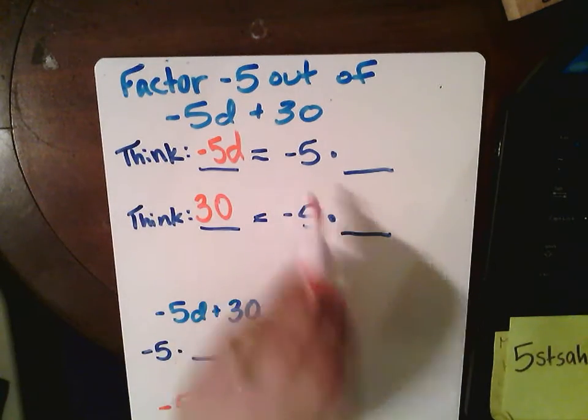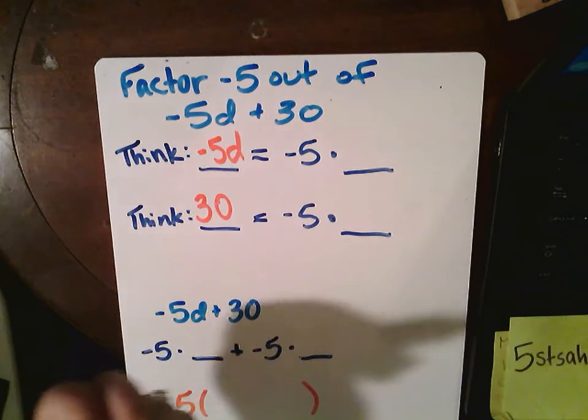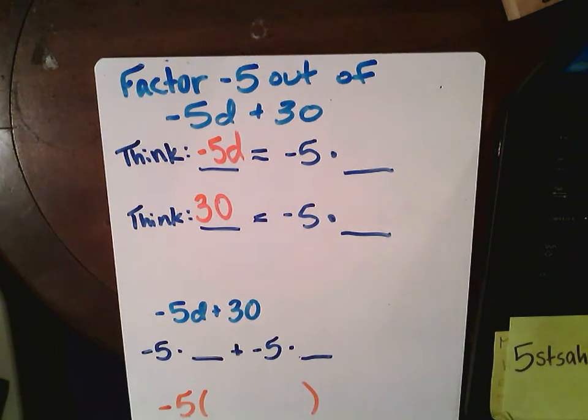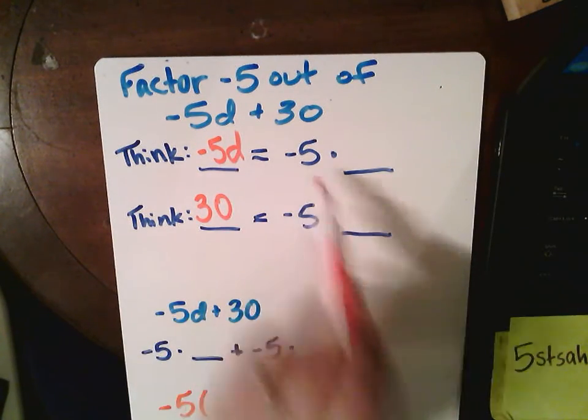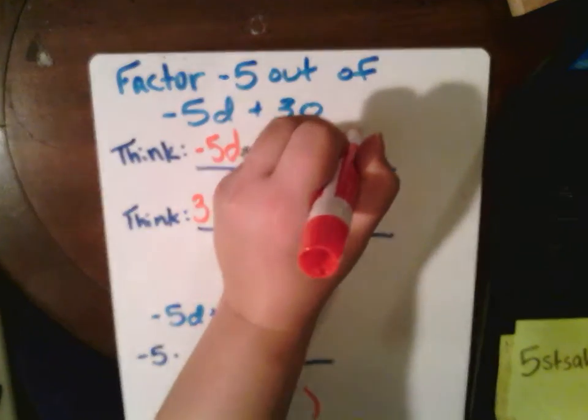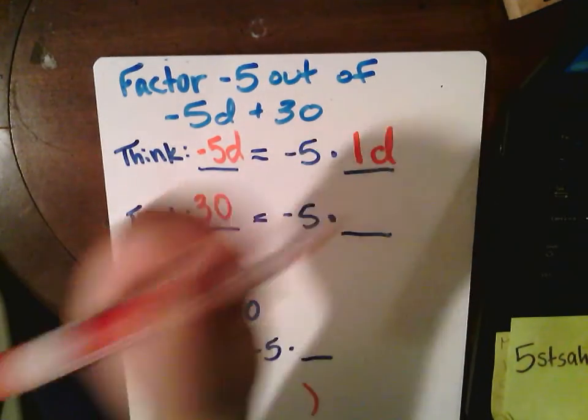And so now when I take that -5 out of -5d, I could say divided by -5, a negative divided by a negative gives me a positive. So our answer will be positive. And then 5 divided by 5 gives me 1. There is no d taken out here, so we'll have d.